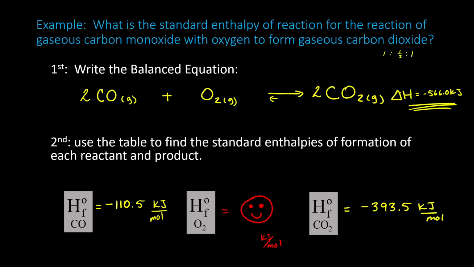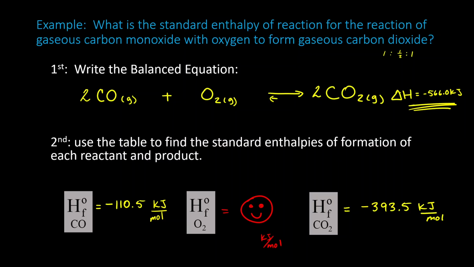I'm going to say it one more time. We take the energy total of our reactants and the energy total of our products, and the difference between the left and the right-hand side is the enthalpy change of our reaction. What we're seeing here with a negative sign is that when carbon monoxide and oxygen gas combine, they're going to release 566 kilojoules of energy for this reaction.